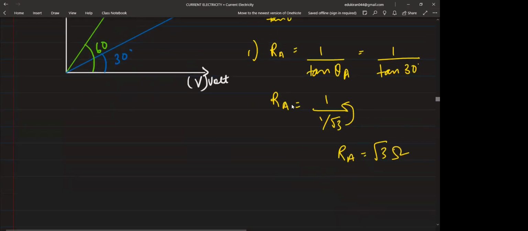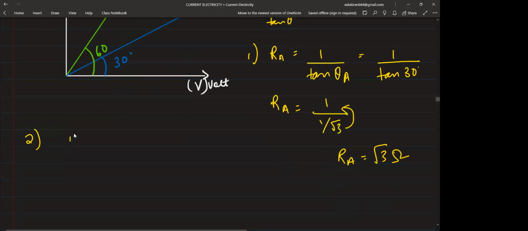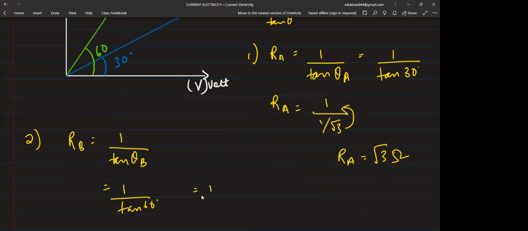In the second part, RB is equal to 1 by tan theta B, so 1 by tan 60 degree, 1 by root 3. Okay, so yeah, first part is right. Write it down.